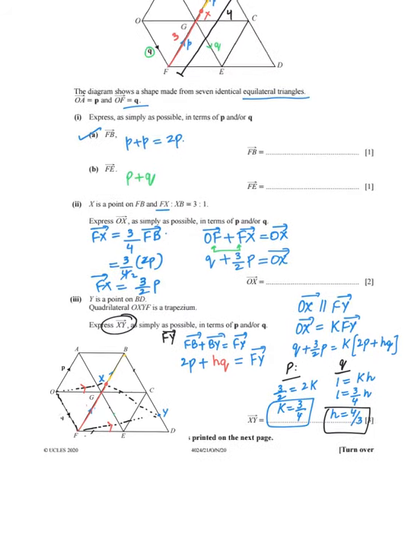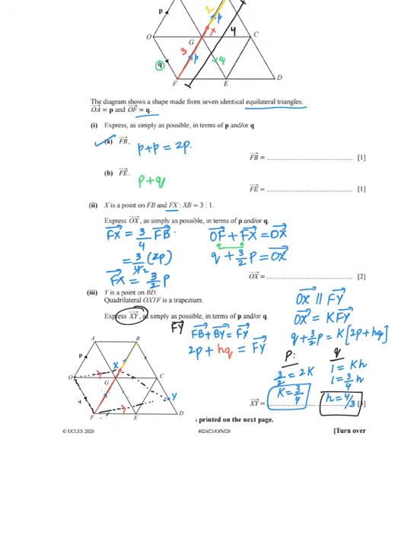Alright, and after the value of h, for FY, I can say that FX plus XY equals FY, right? We need to find XY here. So the value of FY is 2P plus hQ. So now it's 2P plus h, and h is 4 upon 3Q. If you shift FX to the right hand side, it will be minus, and the value of FX is 3 upon 2P.